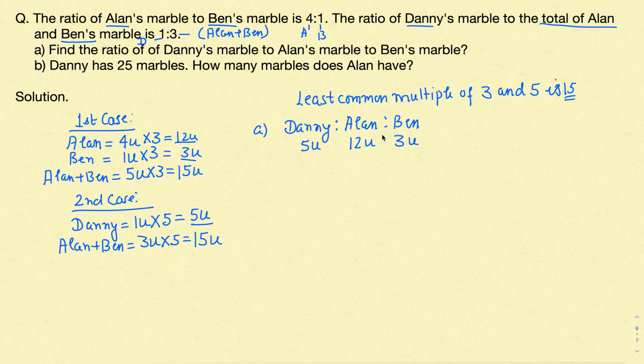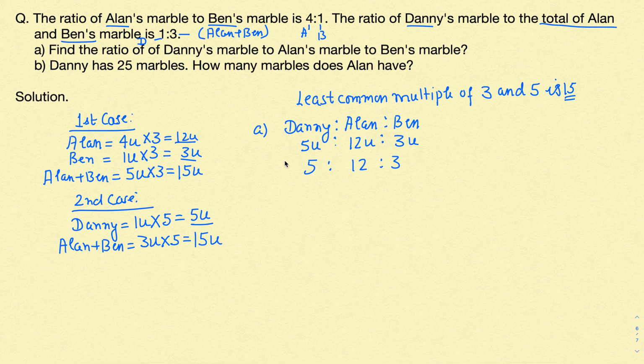So that's the ratio. For the ratio, we can just drop the units, and we can simplify it further, because 3 and 5 are prime numbers. So the ratio of Denny to Ellen to Ben's marbles is 5 to 12 to 3.